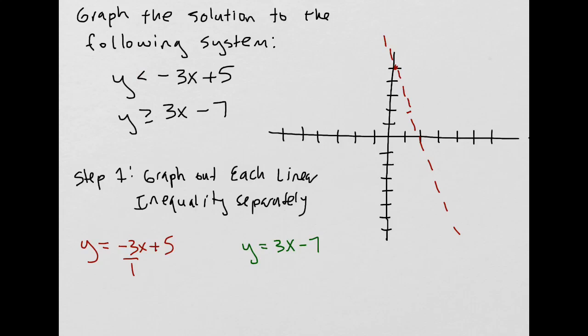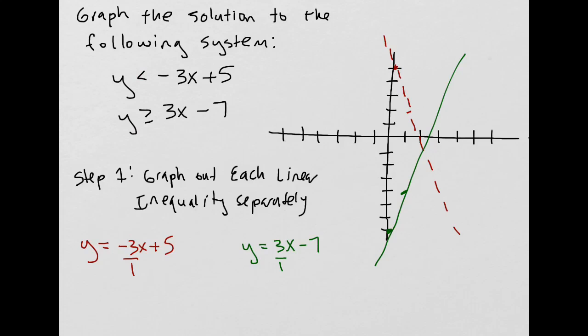And then in terms of plotting out that green equation, we've got y equals 3x minus 7, so I'm going to start at my y-intercept of negative 7, and then the slope is up 3 and over 1. And notice that one is going to be a solid line because I am allowed to be equal to here. So when we plot that line out, we'll have something that looks like this.